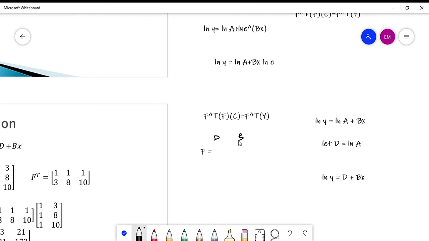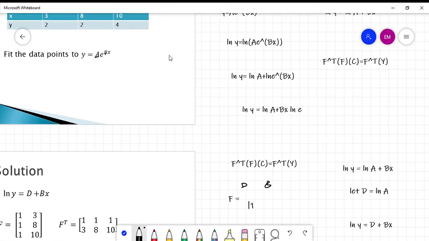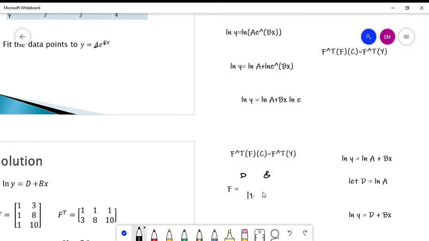Tapos, tanawon lang nato ang kauban sa b and the d. Pero always, ang kauban sa d kay, wala man siya x, so 1 lang. Tapos, ang kauban sa b is an x. So, gikan atong set of data given, we have 3, 8, and 10. So, butangan nato siya diri og 3.